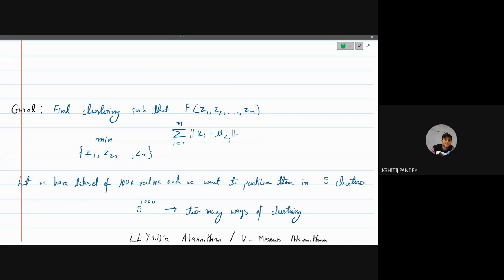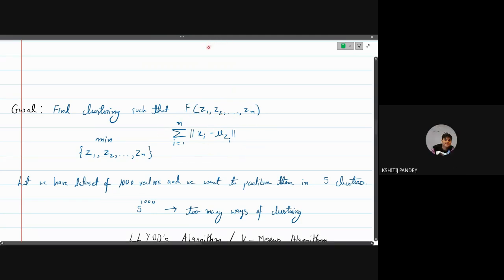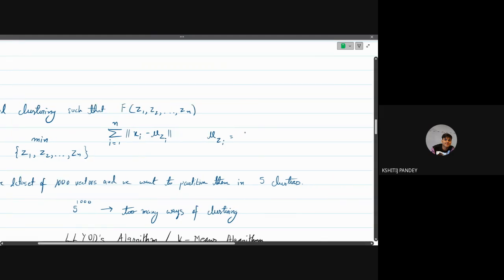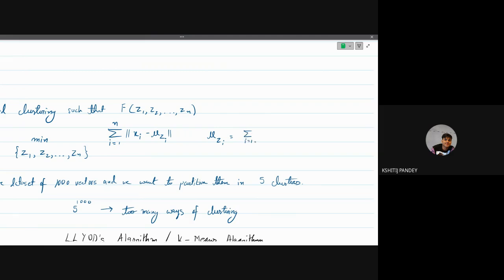So is this clear? Why we have chosen this objective function, is this clear? And here, what is this mu zi? Mu zi is the mean of the particular cluster. We can calculate the mean by summing points from i equals 1 to n. We'll not sum all the points, we'll only sum the points belonging to the given cluster.